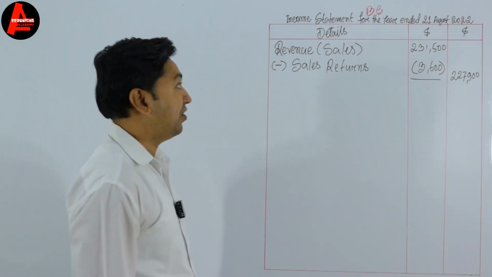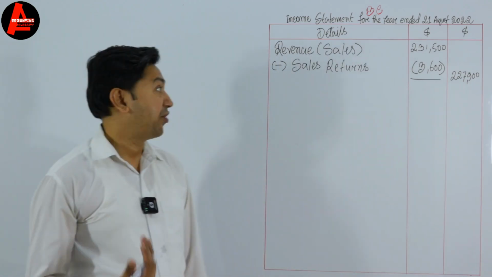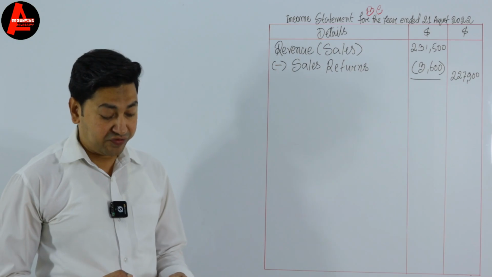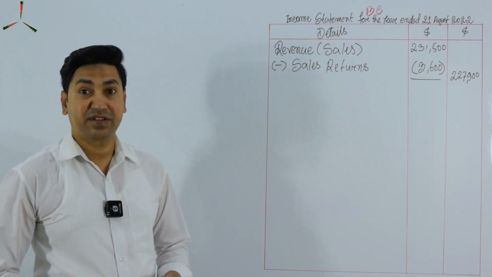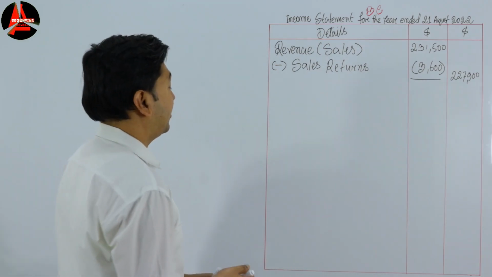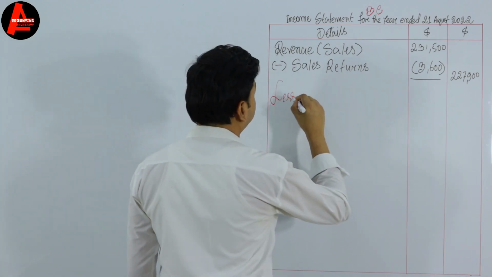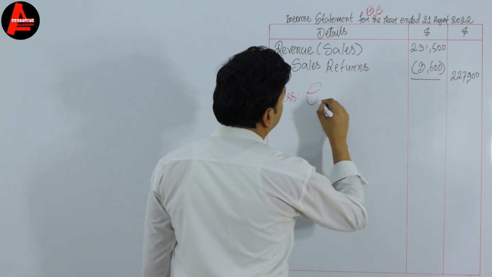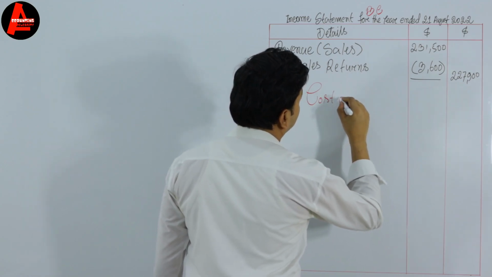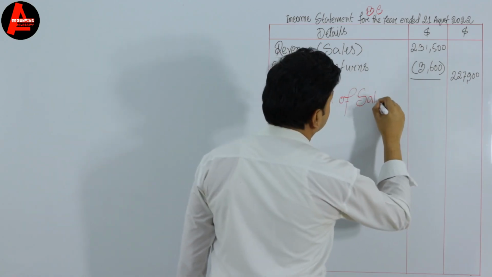So we got our revenue. Now we need to figure out our cost of sales. So let us write here minus. We will subtract cost of sales from the revenue. So we will write here cost of sales.